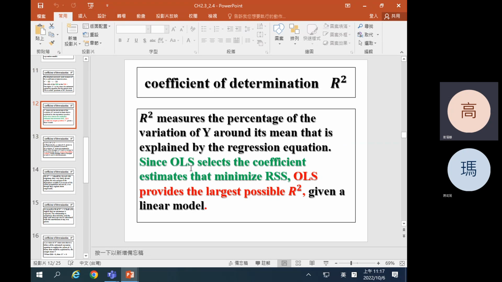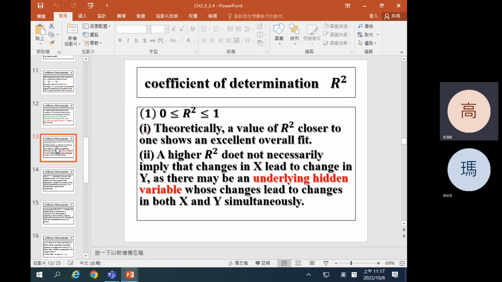That's why we wanted to learn the coefficient of determination. And we know that R squared is between 0 and 1. Theoretically, it can be 0 or 1, but practically, usually it's between 0 and 1.